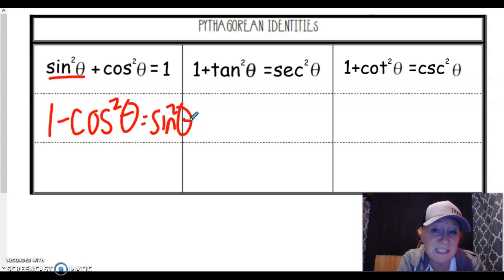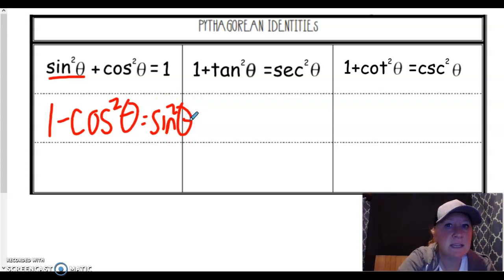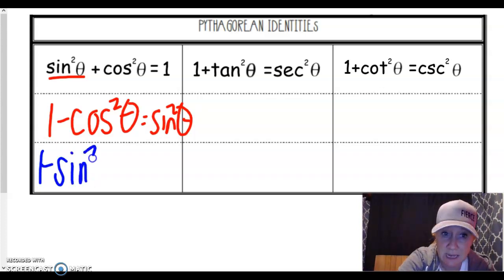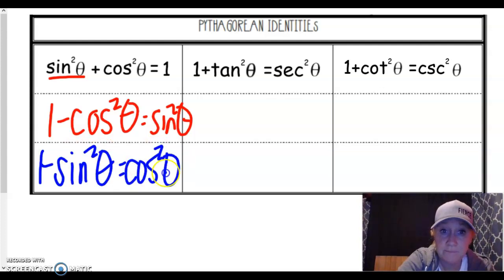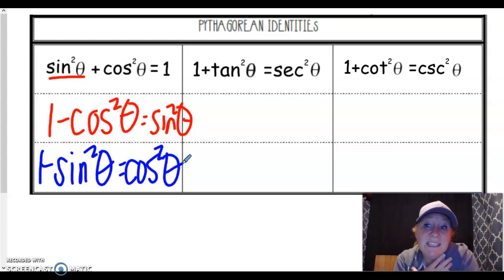Do you see how I just subtracted the cosine? So if that's the case, then 1 minus sine squared theta equals cosine squared theta. You might see a cosine squared and you can substitute 1 minus sine squared in for it.